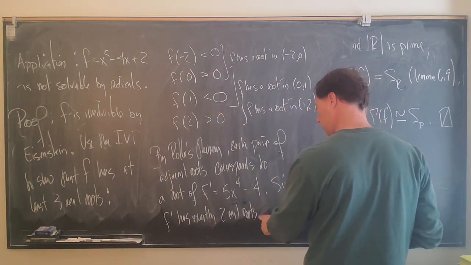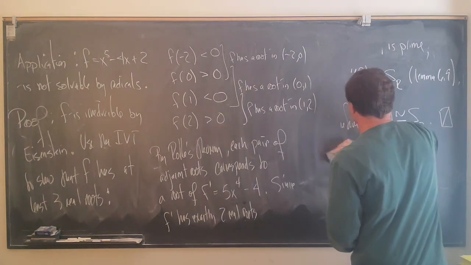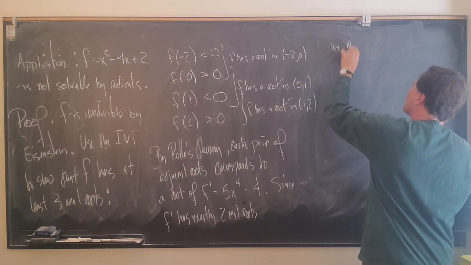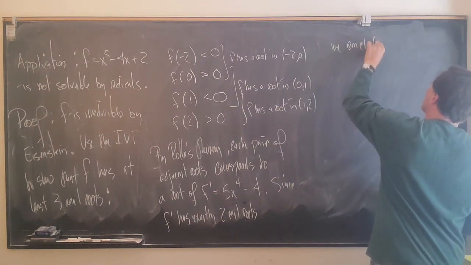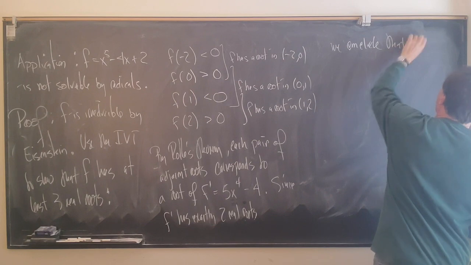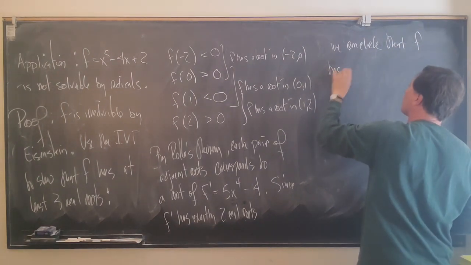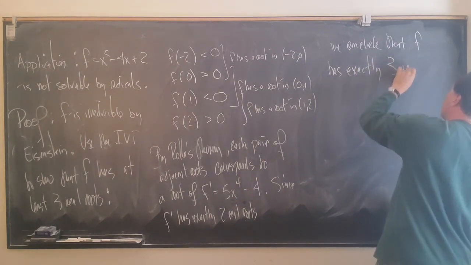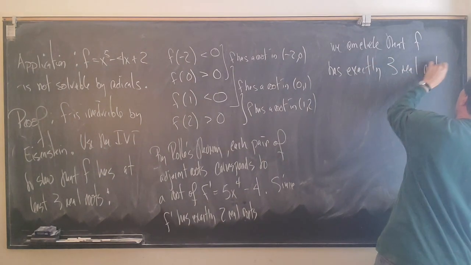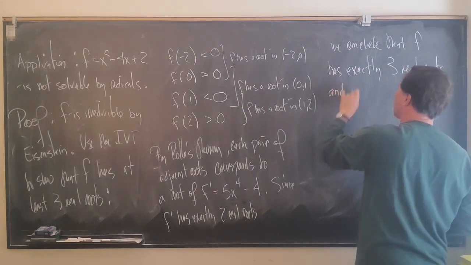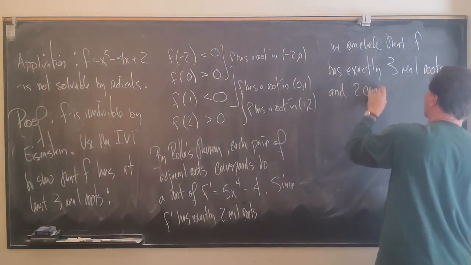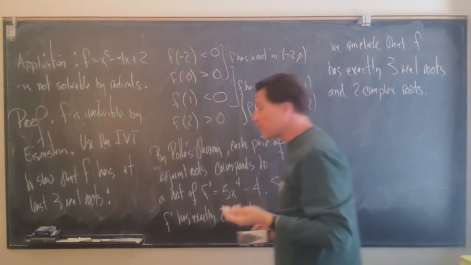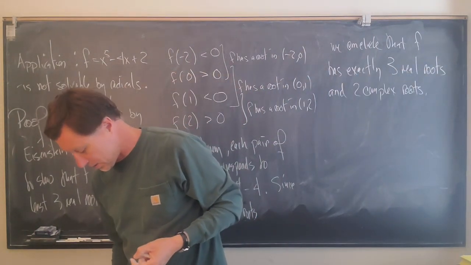So since f prime has exactly 2 real roots, we conclude that f has exactly 3 real roots and 2 complex roots. Okay, so the conditions for our previous theorem are now met.